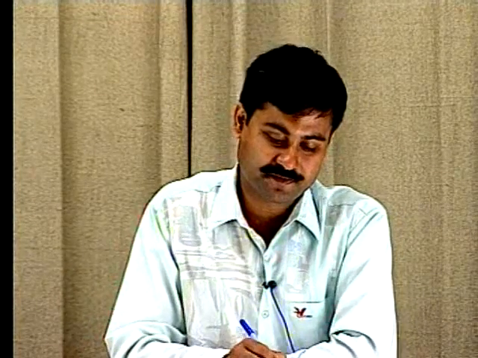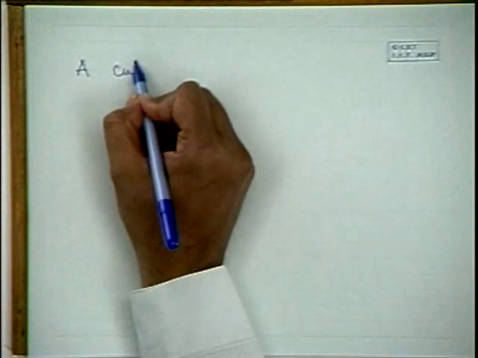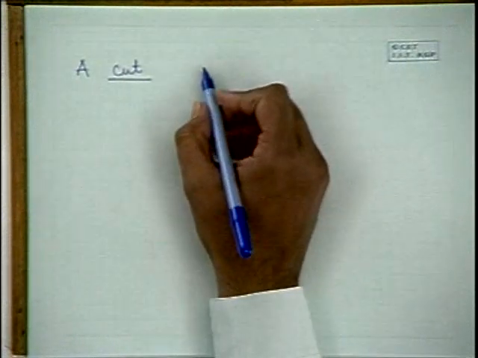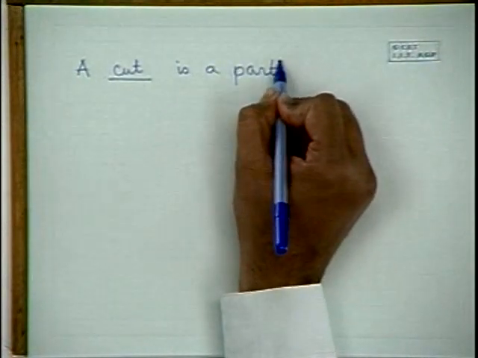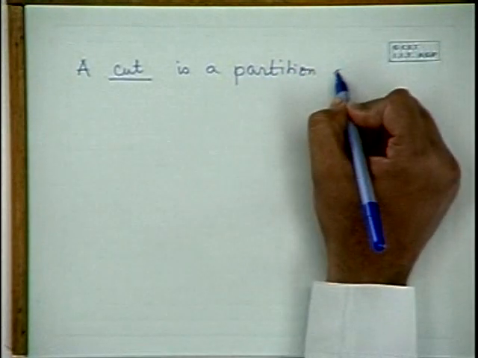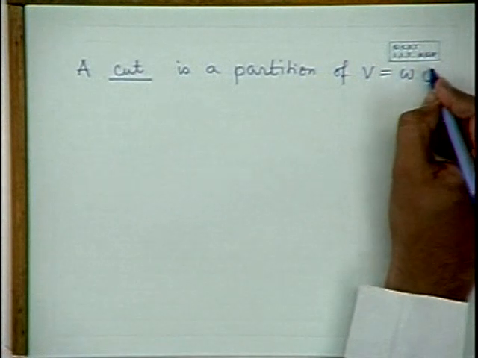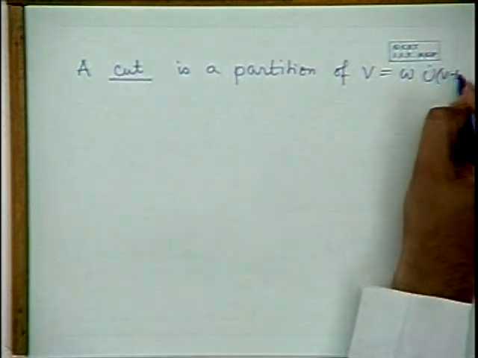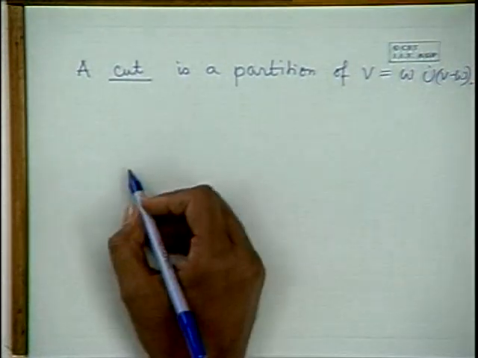Now for this, I define another definition, another term. A cut is a partition of V into W and V minus W. So what does it mean?